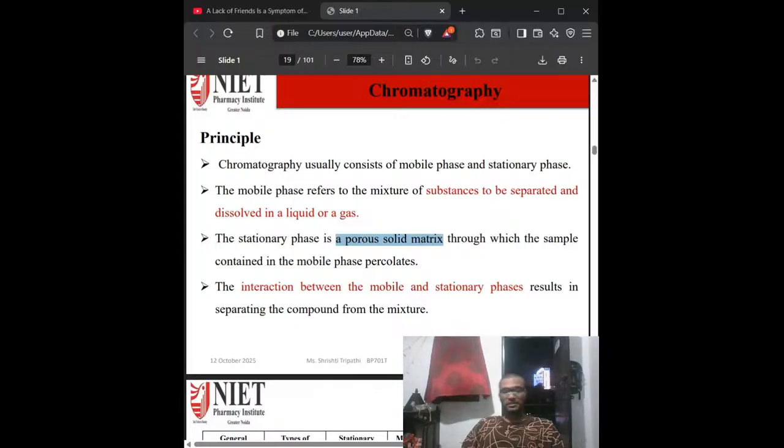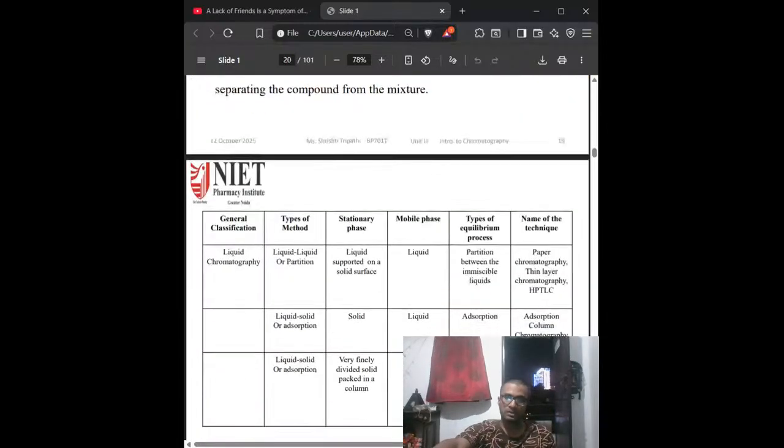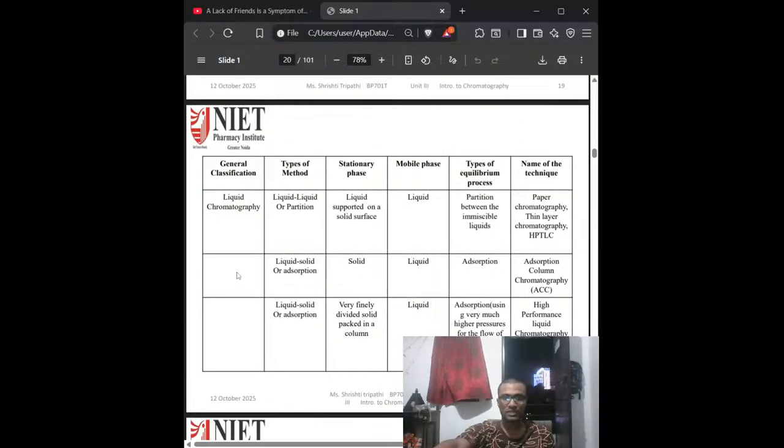So the interaction between the mobile phase and stationary phase causes the separation of the mixture that we want to separate out. That is fine. That makes total sense.